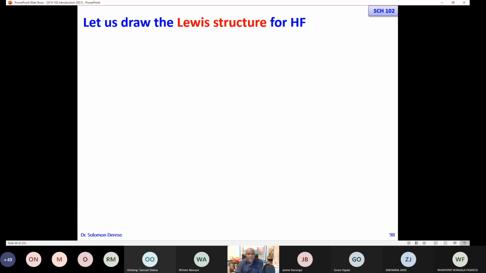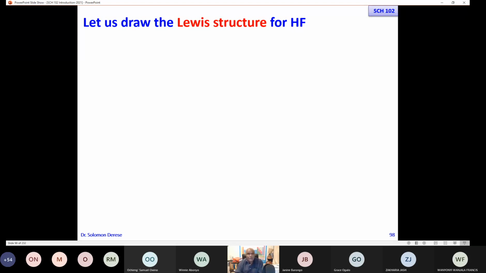If we have elements in the second row of the periodic table, like carbon, nitrogen, oxygen, fluorine, and also the halogens, if they are involved in covalent bonding with other elements, we must make sure these elements are surrounded by 8 electrons.